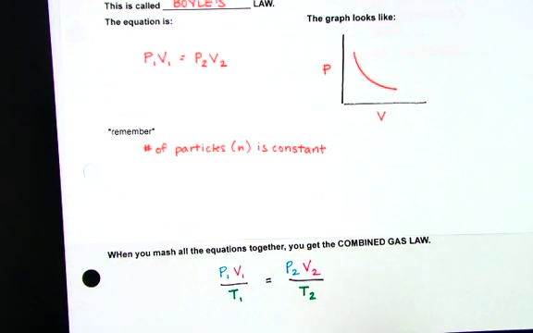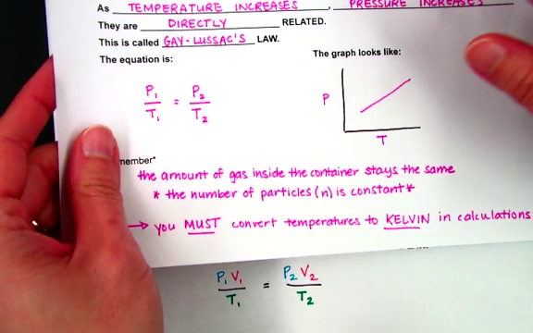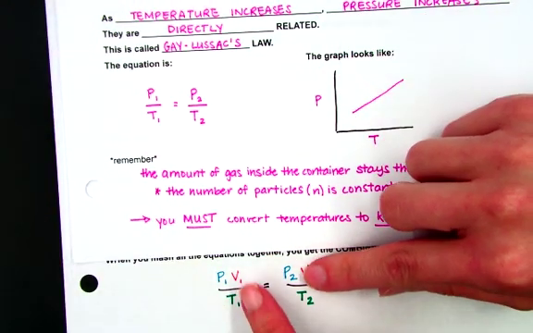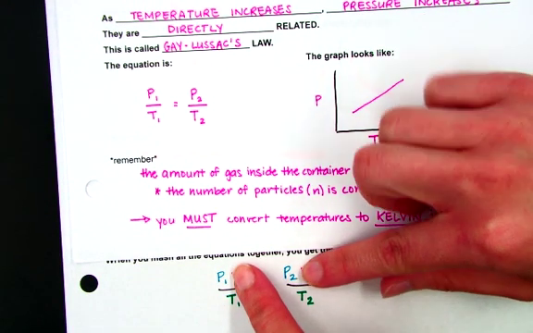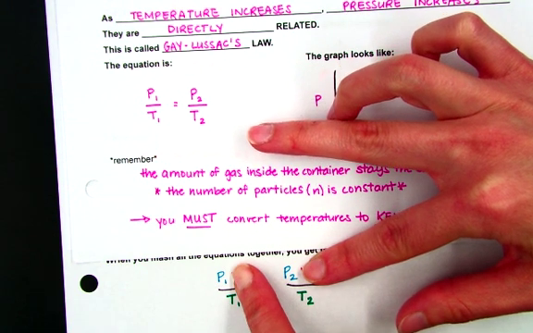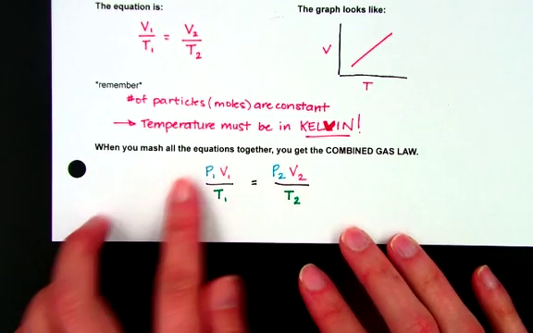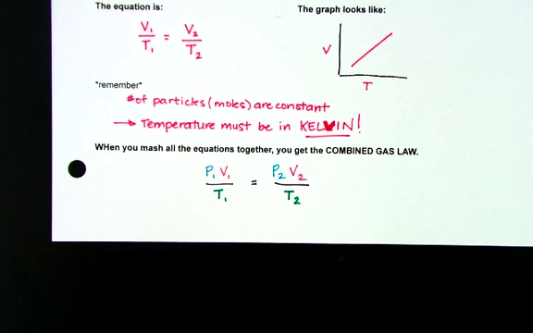Yes. And if volume is constant, I take out volumes, and who does he look like? He looks like Gay-Lussac. Okay? This guy, he's called the combined gas law, the one equation to rule them all, right?